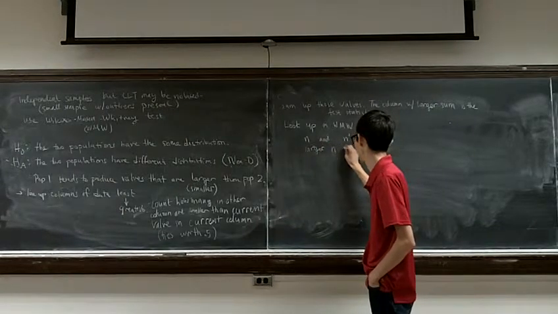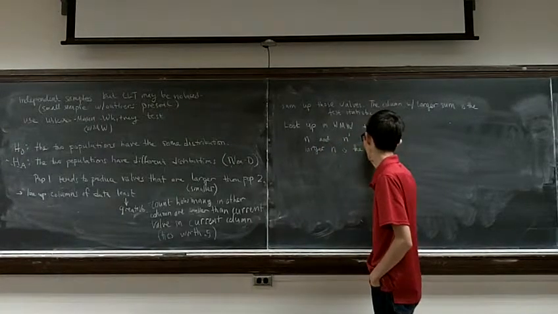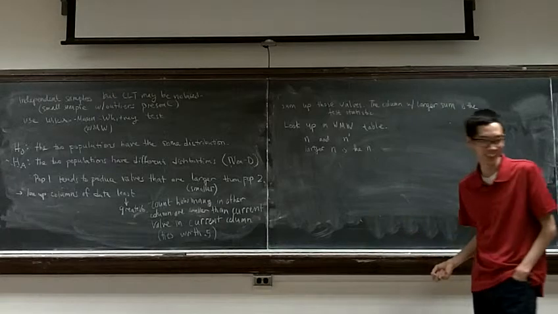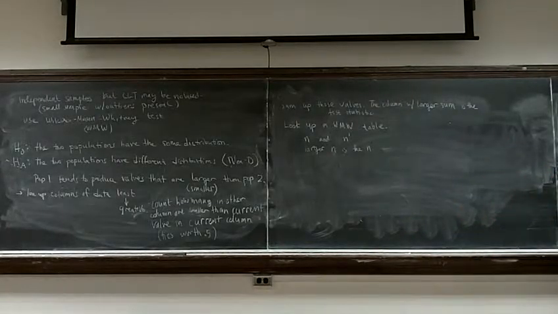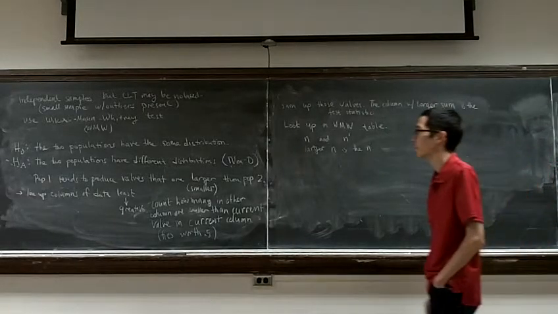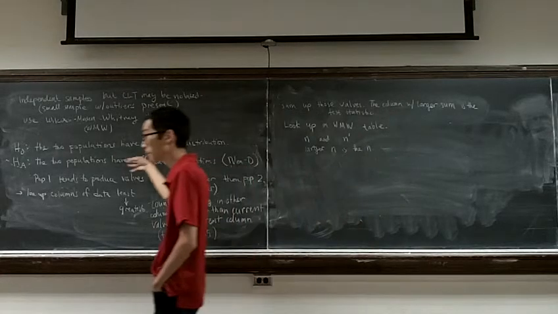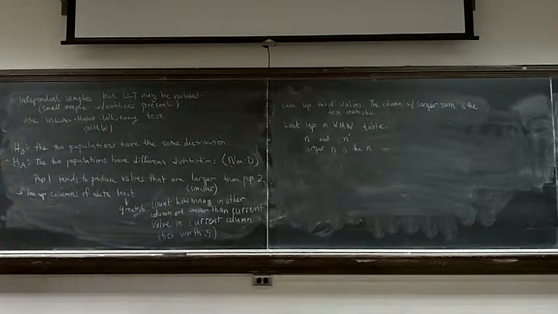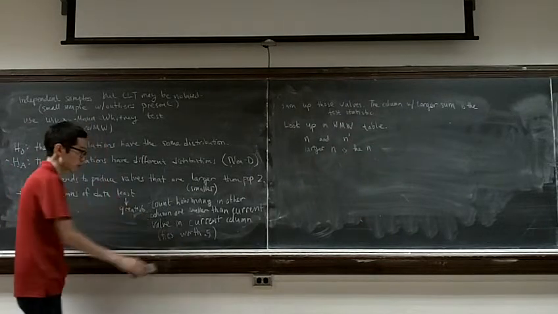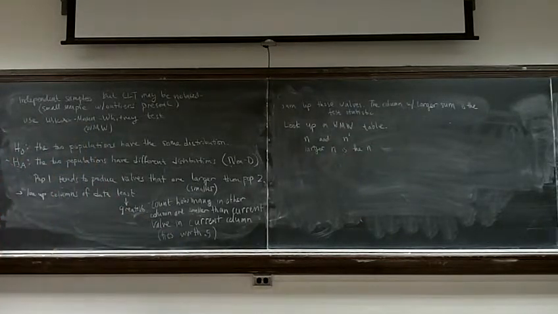Larger n is the n. So if any of these sound unfamiliar, if you need me to go into more detail, just raise your hand. So we don't have a symbolic representation for these hypotheses because this one's a non-parametric test, right? Non-parametric.